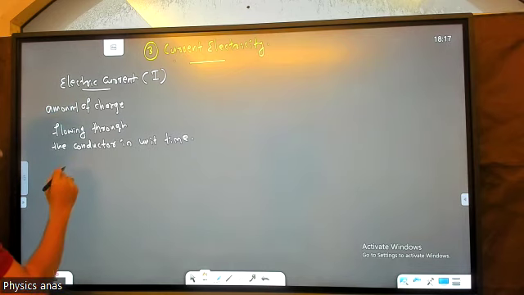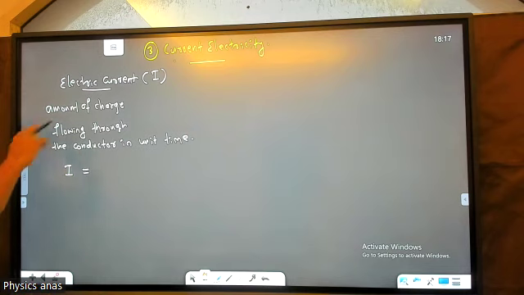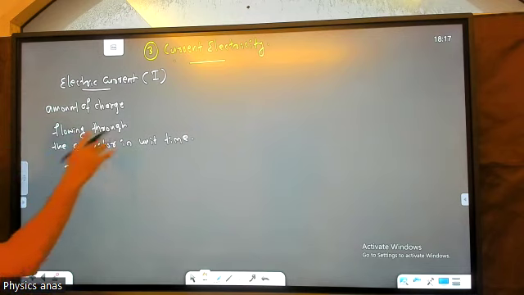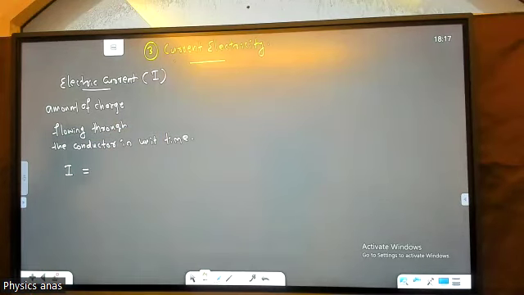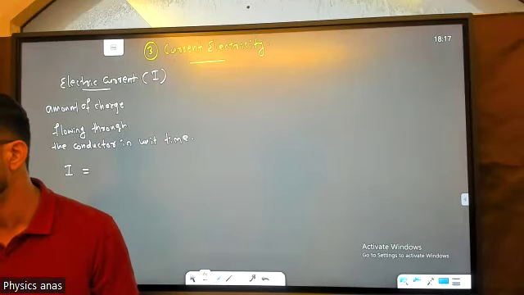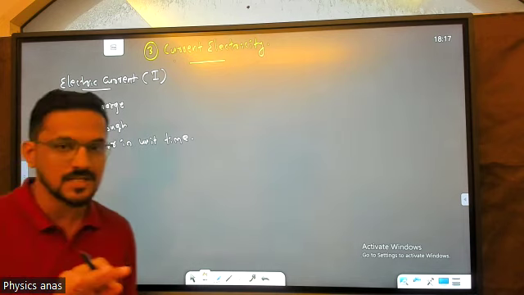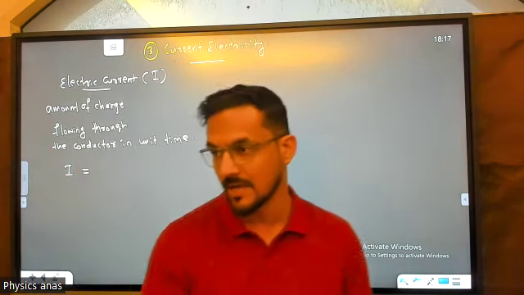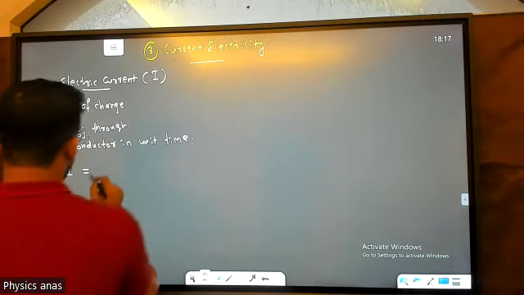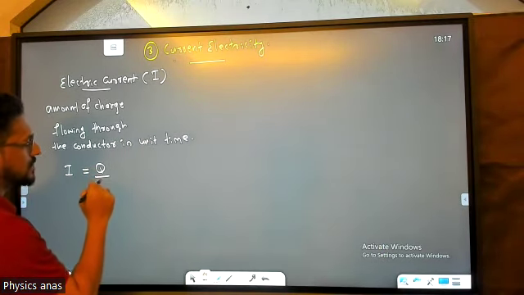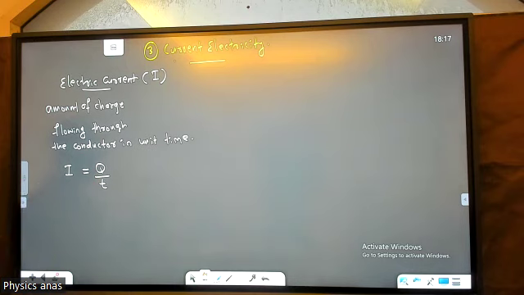From the definition, you can have the equation for current. If you want some quantity in unit time, what do you have to do? Divide that quantity by the time. So that will be Q by t, charge by time.